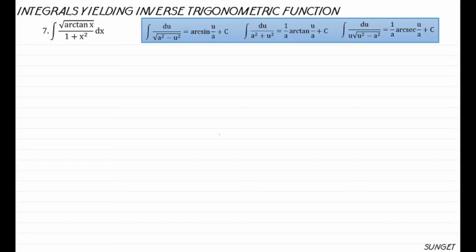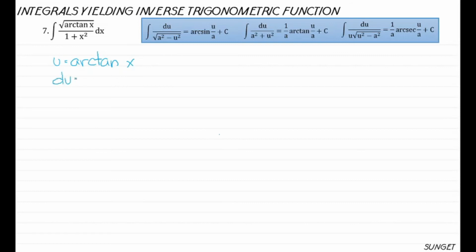Number 7, evaluate the integral of square root of arctan x over 1 plus x squared dx. If the inverse trigonometric function is present in the integrand, its differential should be there too, to be able to carry out the integration process using the substitution method. For this example, let u equal arctangent of x.